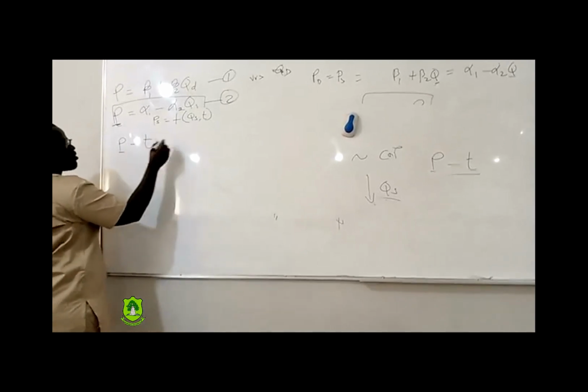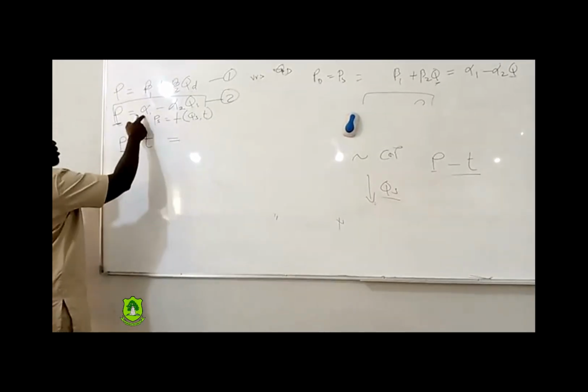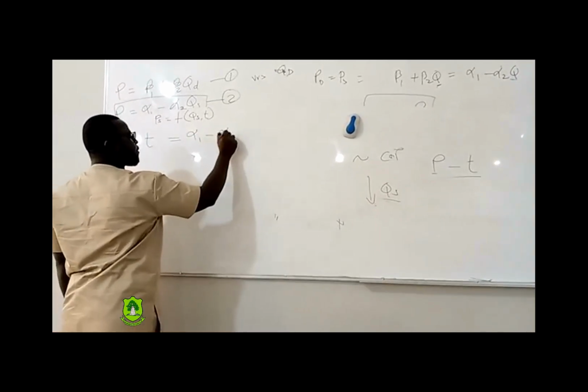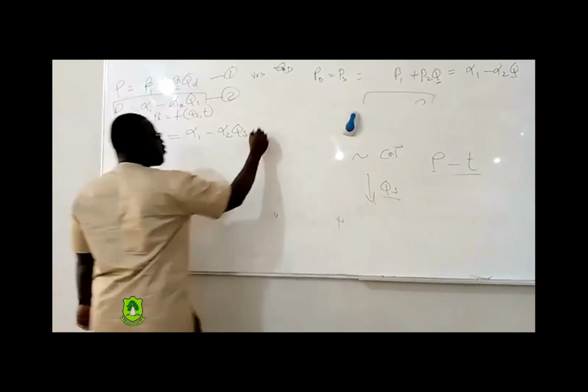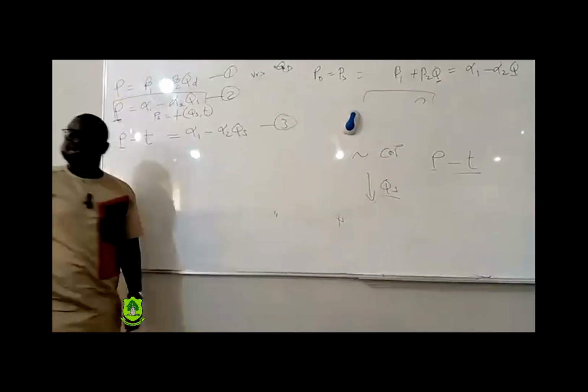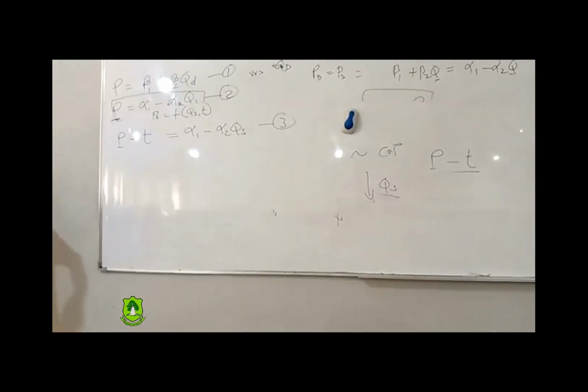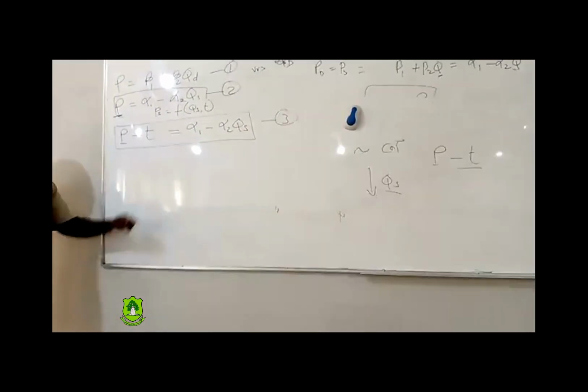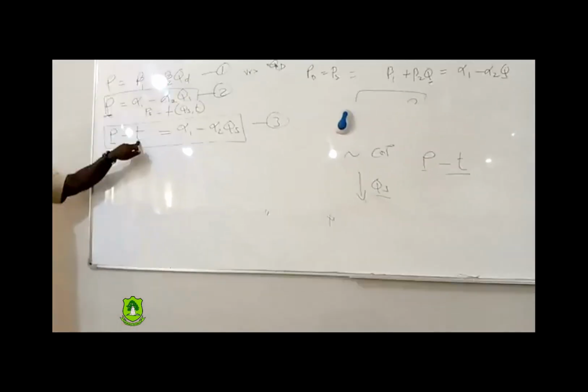So we have this one will now be equal to this one minus quantity supply. So here will be equation 3. This will be the new equation for the supply with the tax.